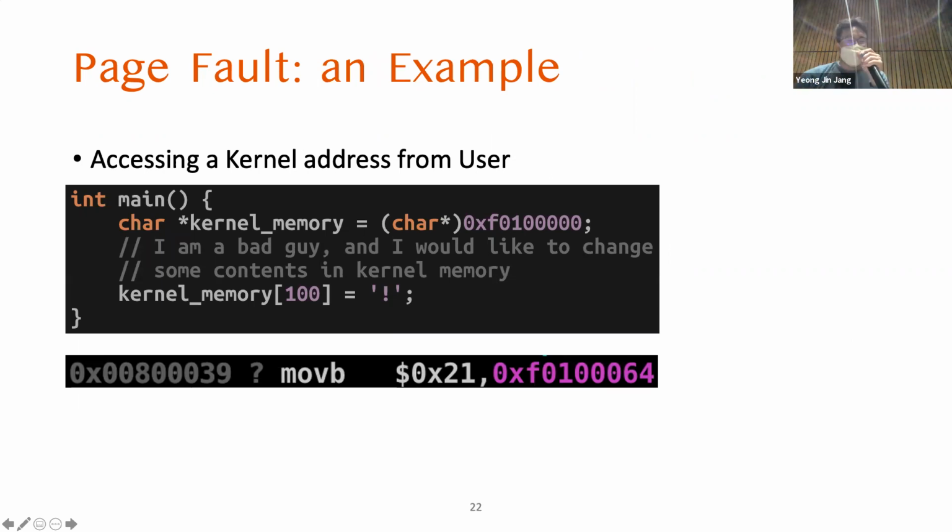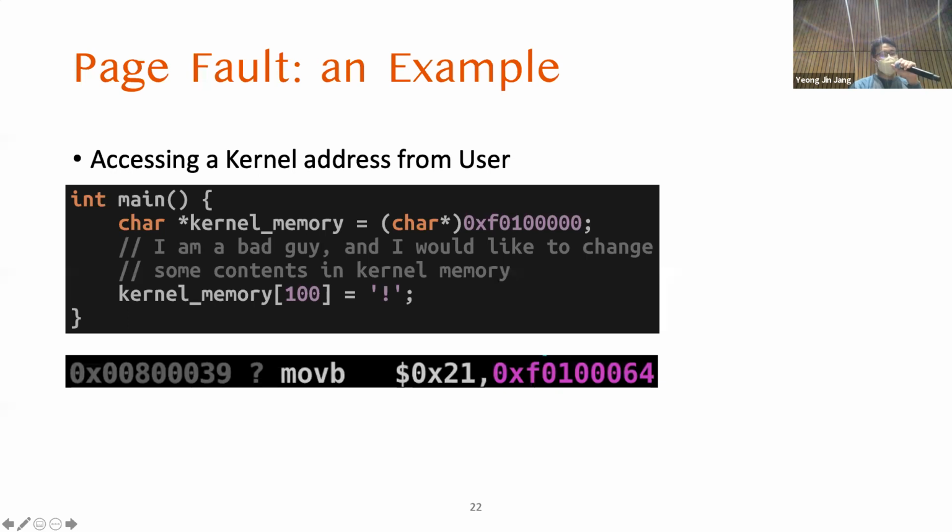Before getting into that, let's take a look at a little more detail about the page fault. This is the code snippet that I wrote, and you can regard it as a user-level application of JOS. Inside, because I know that kernel base plus 1 megabyte is where the kernel is stored as a kernel virtual address, in user space I attempted to access that memory and write an exclamation mark there.